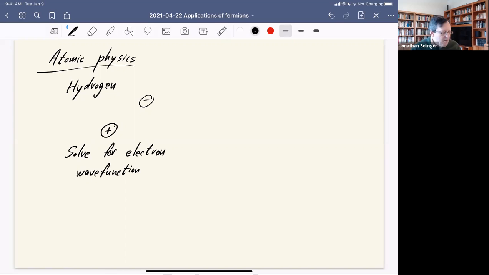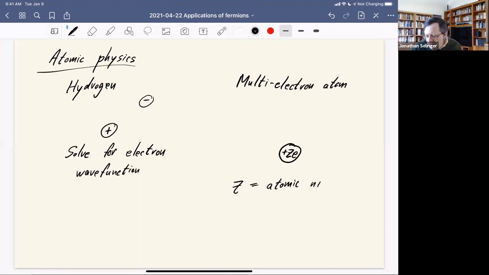So now the question is, how could we apply that to some multi-electron atom? That would be a situation where we have a nucleus with a charge of plus ZE, where Z is the atomic number, that is, the number of protons in the nucleus and also the number of electrons.